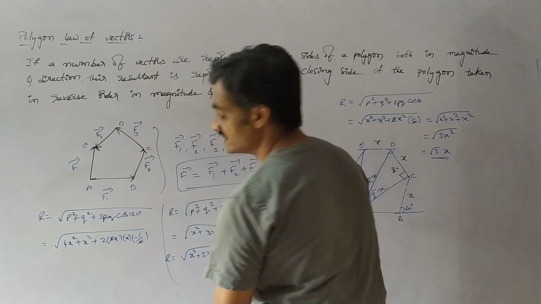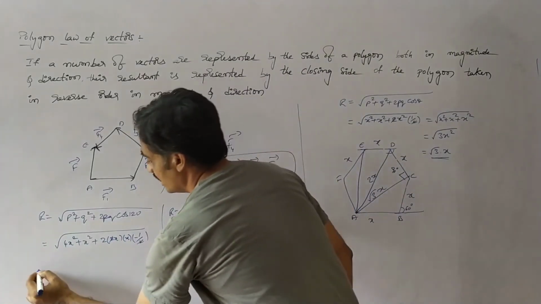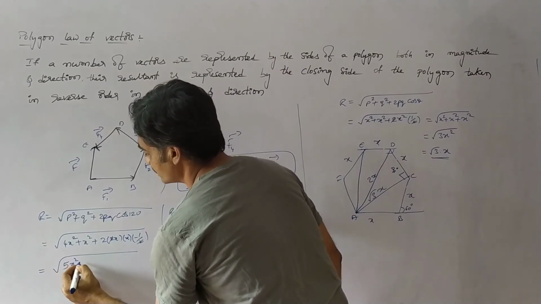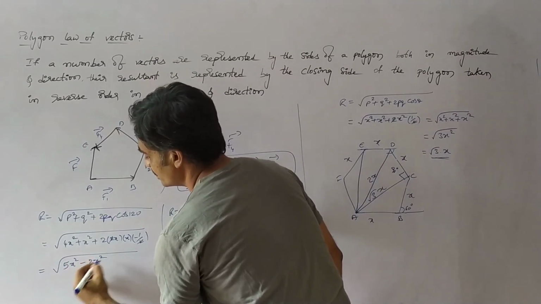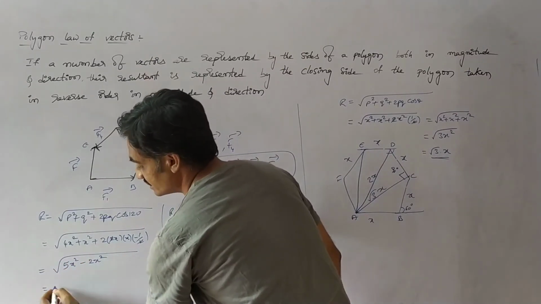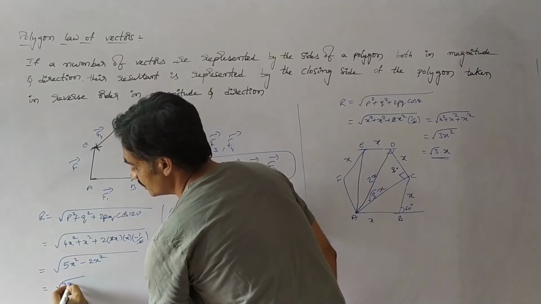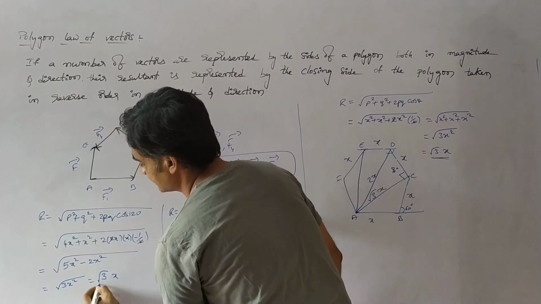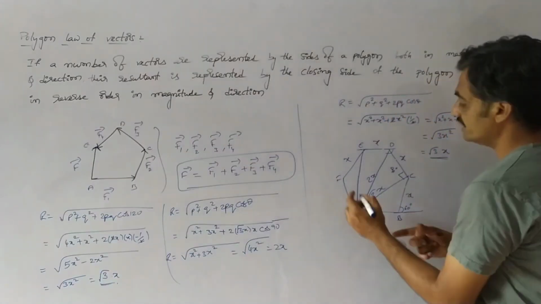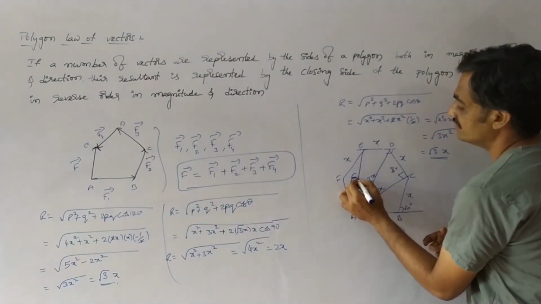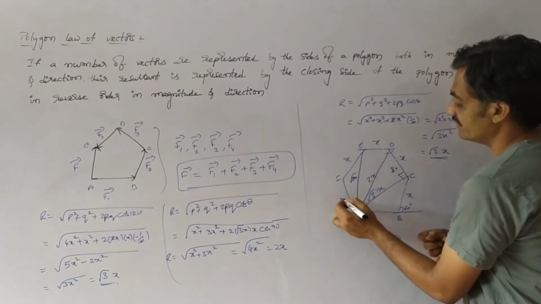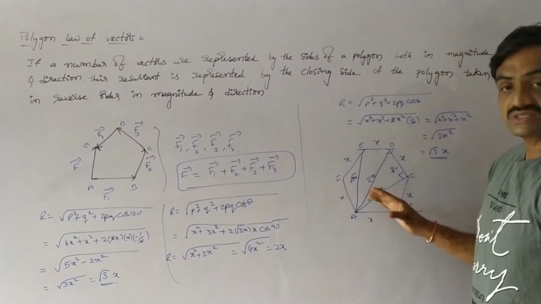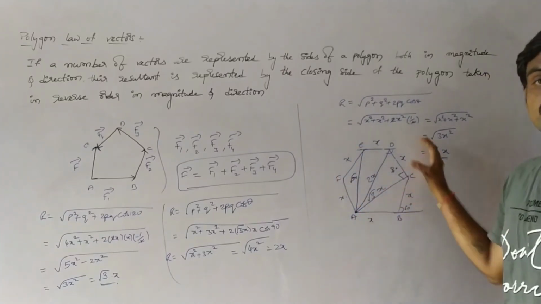Here 2 and 2 get cancelled. So we have under root of x square plus 4x square, which is 5x square, minus 2x square. So 5x square minus 2x square is 3x square, and we can write it as root 3 x. And based on that we can represent AF as x, because of the resultant. In this way we can represent the resultant of a polygon.